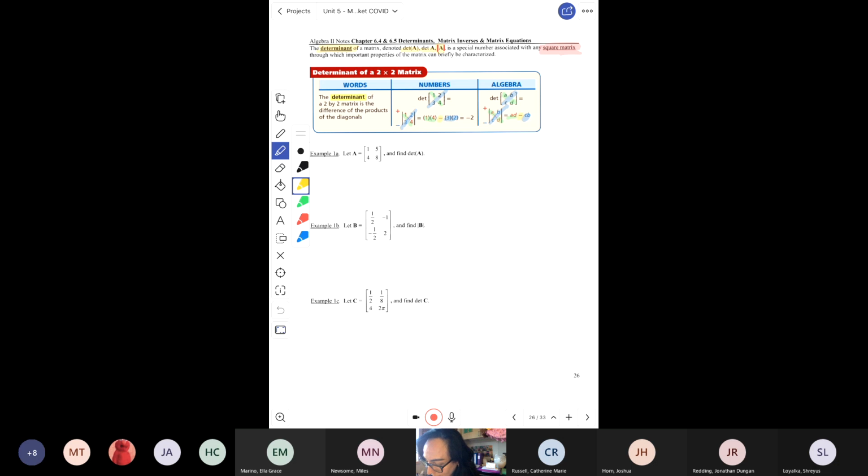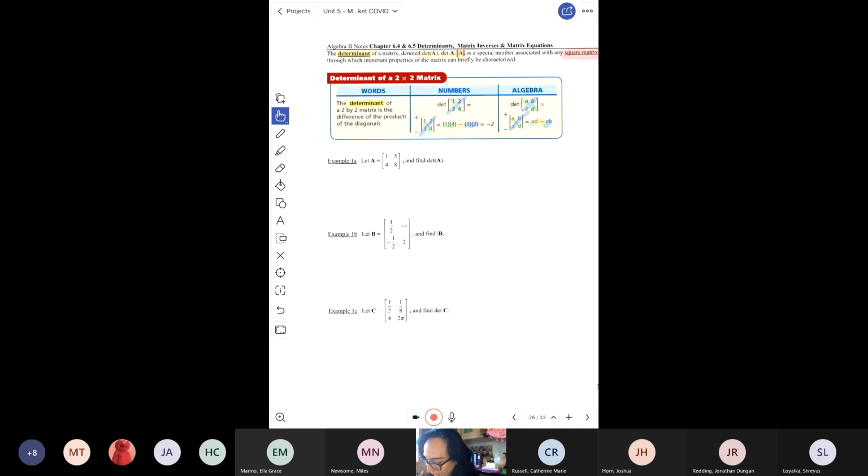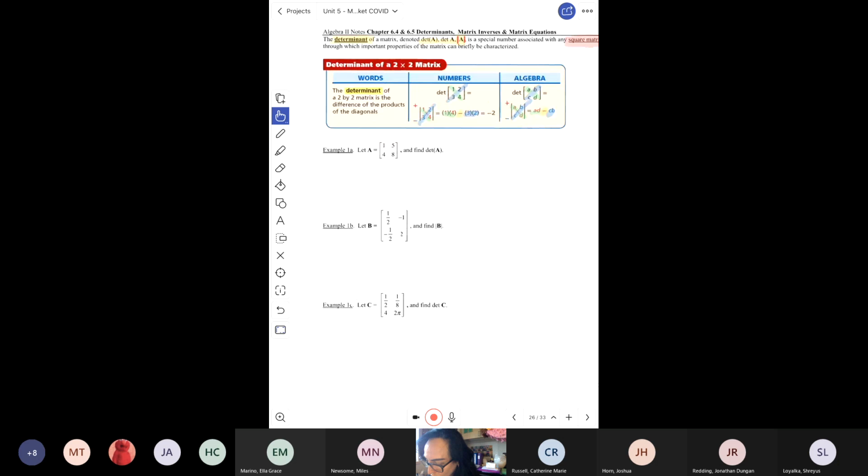So let's look at a few examples. Let's say I'm giving you this matrix A, and I'm asking you to compute the determinant. And again, I'm denoting that in this case. So if I give you a matrix on that test and say, find this, you need to know what I'm asking for. What do you do? You multiply the numbers on the main diagonal. So that would be 1 times 8.